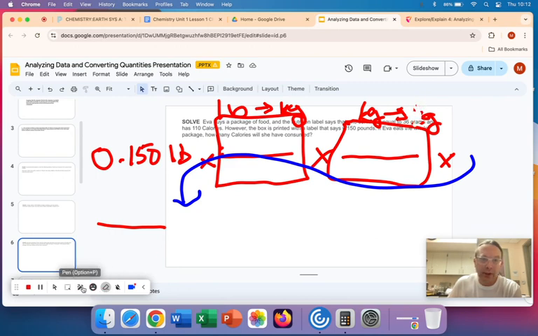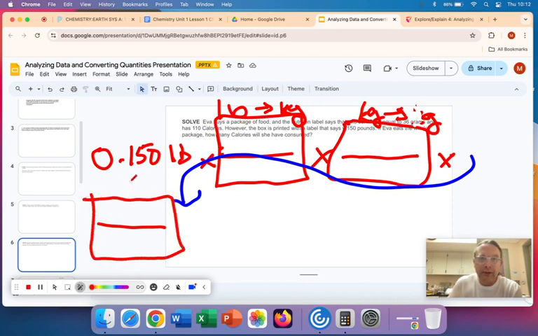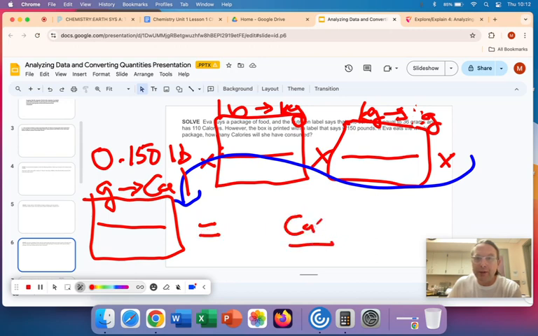So then after we have grams, we want to go from grams to calories. So do you want grams in the numerator or denominator? And what numbers do you put for that? So if she ate all of those, you should have an answer for calories.